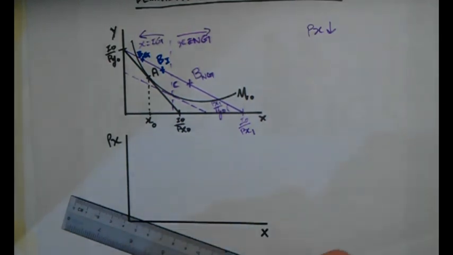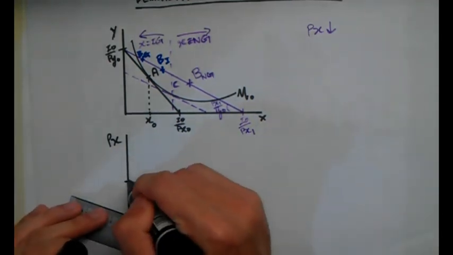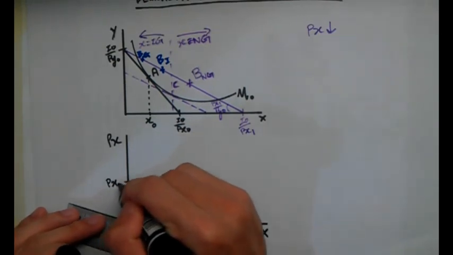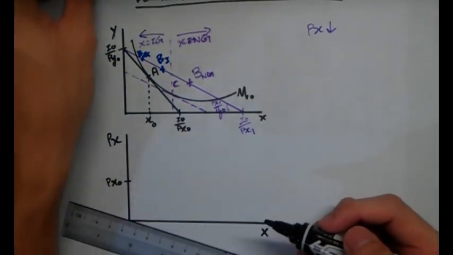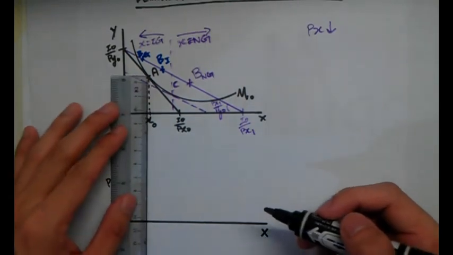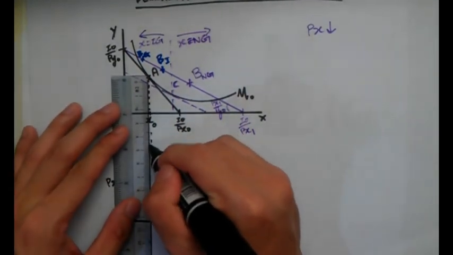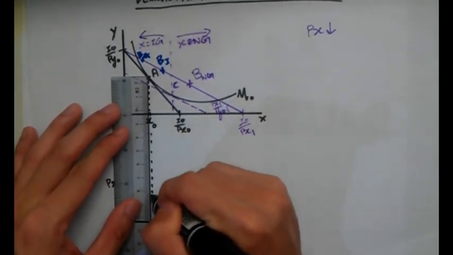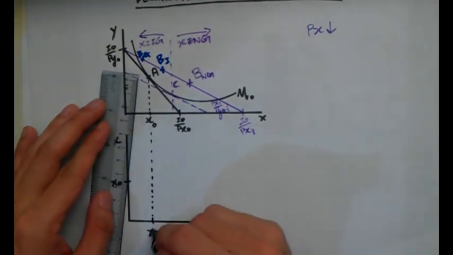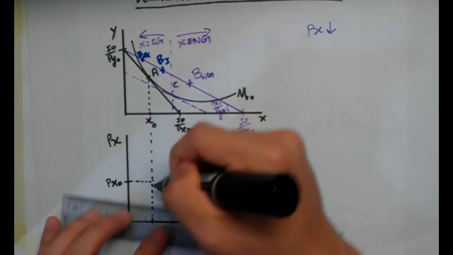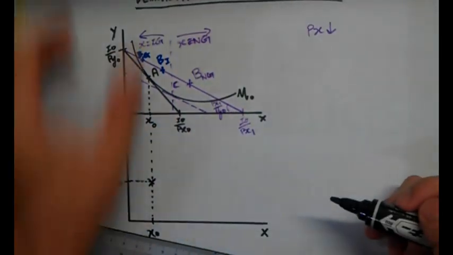So we always start with the original first. Assuming that this is Px0, this is a price, we are going to expand downwards x0. So this was the initial equilibrium, x0, at this particular price. So we have got 1 point over here.